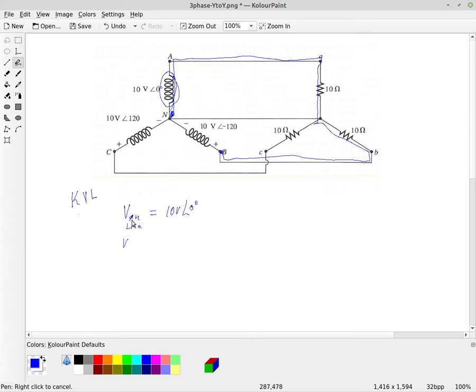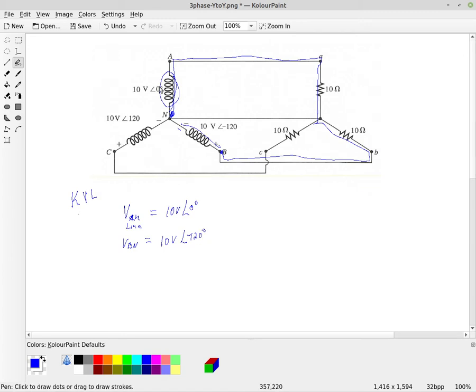VBN is also a line voltage, and it is 10 volts at an angle of minus 120 degrees, right?